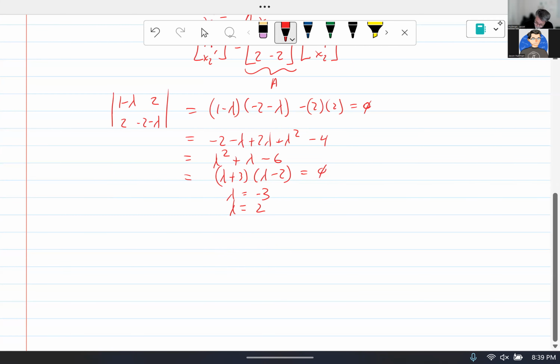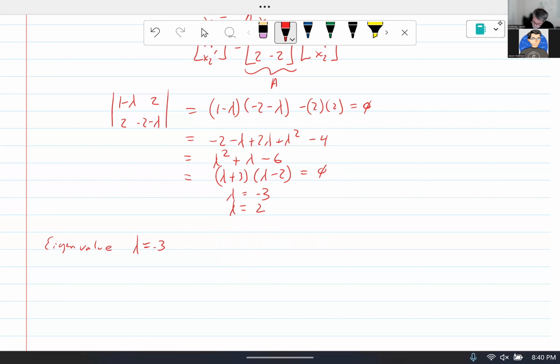So let's look at what happens when we have our eigenvalue. But we need our eigenvector. We have eigenvalue lambda equals negative 3, but I need my eigenvector.